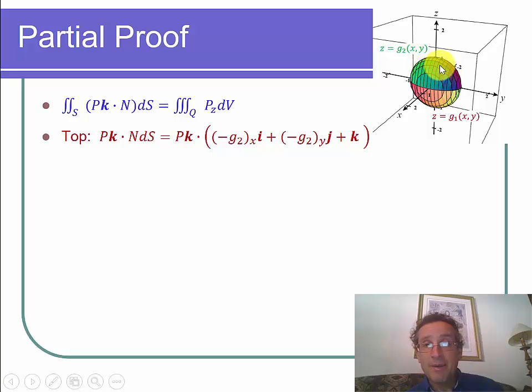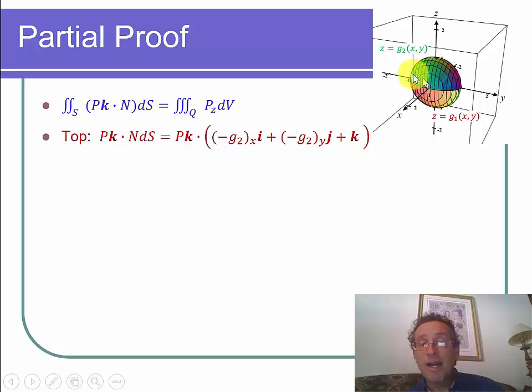And because it's the top, the normal vector is pointing upwards, because when we're talking about a positively oriented surface, we're always talking about it pointing outwards from the surface. And when you're on the top, outwards means upwards. So remember, when we had the upward component, we let the z component of the normal vector be 1.